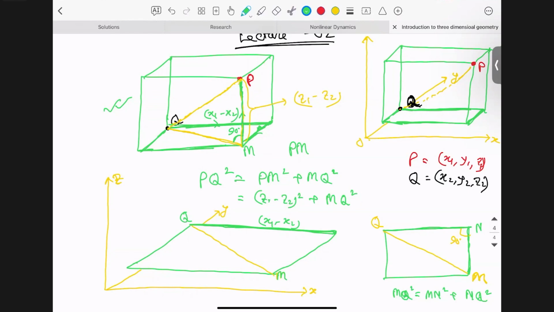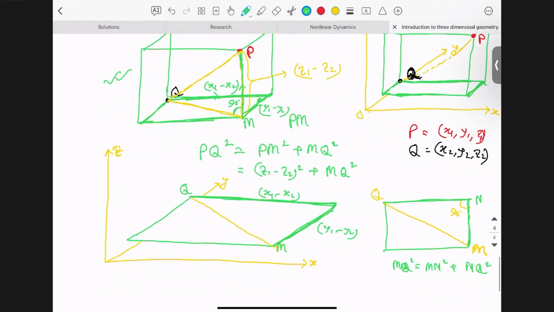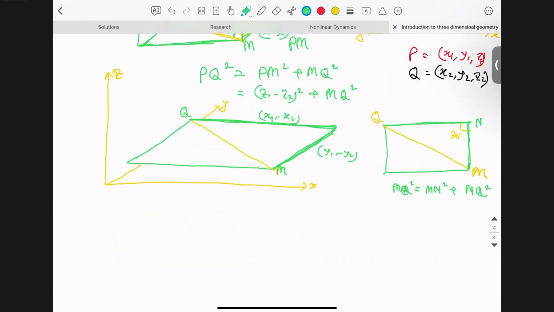Similarly, how much distance we need to cover extra along the y axis is given by y1 minus y2. Here also this is y1 minus y2. So using this, we can say that MQ square equals x1 minus x2 whole square plus y1 minus y2 whole square. Now we obtain MQ square.